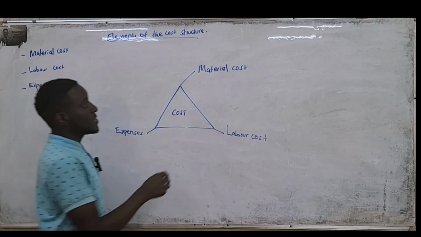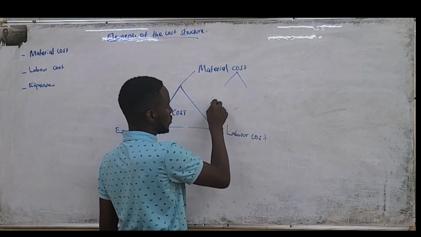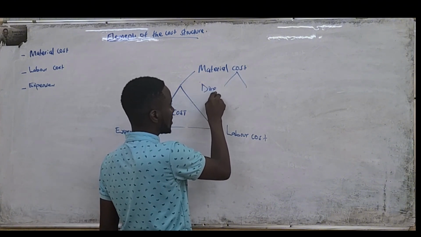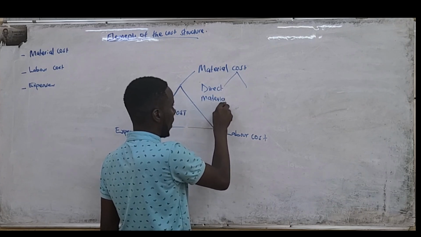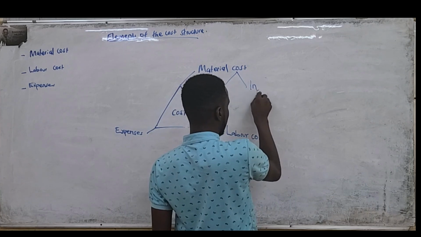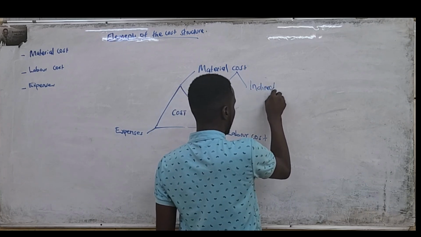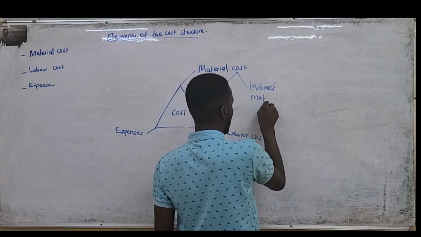So the material cost here is divided into two. We shall have the direct material cost, and then we shall have the indirect material cost.